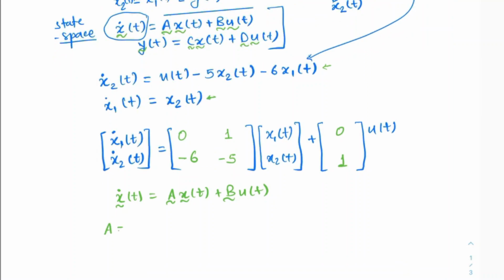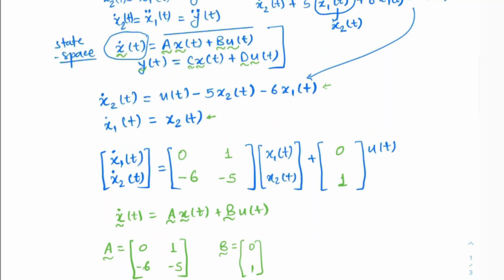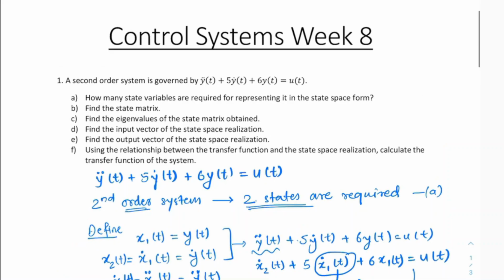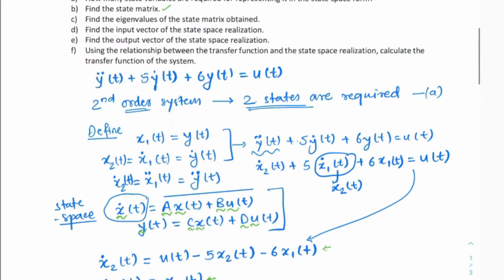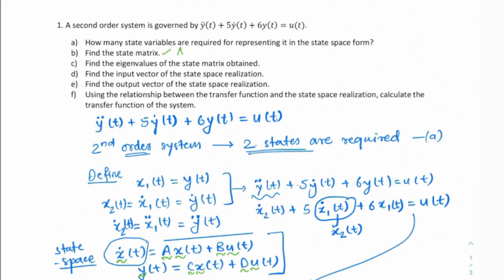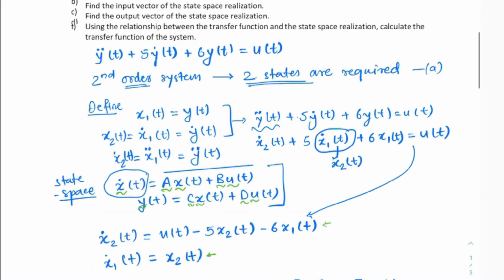So the A matrix is 0, 1, minus 6 and minus 5, and B is the vector 0, 1. Now this is the state matrix we have found, which is A.